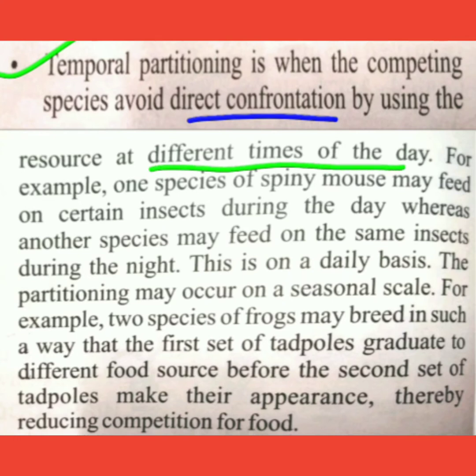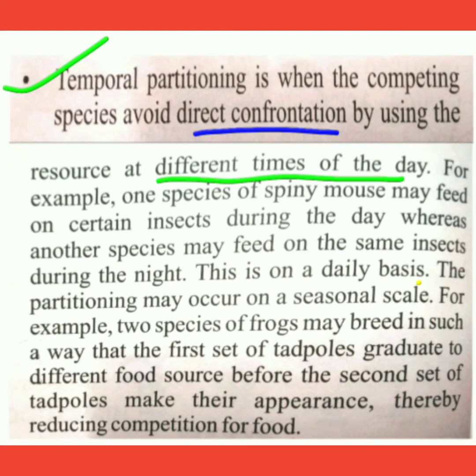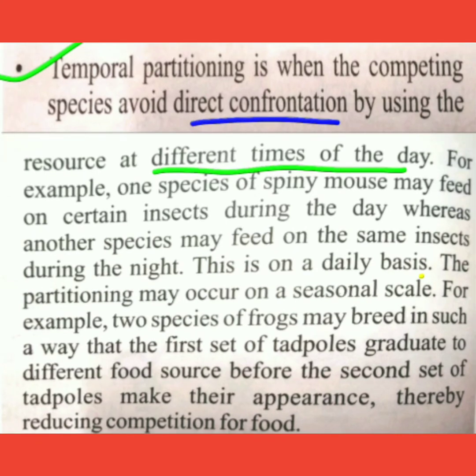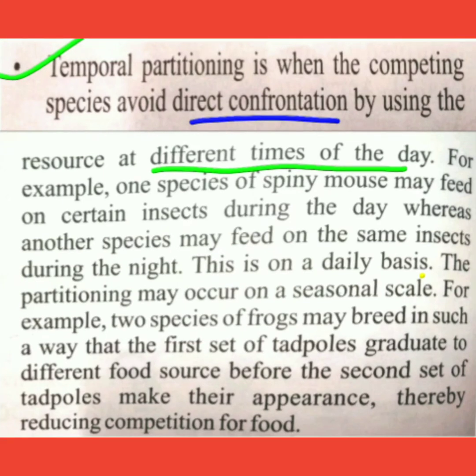Means if there are two competing species, then they do not confront each other and they use the resource at different times of the day. One may use it in the daytime and another during the night. In this manner, they avoid competition, and both species can use their resources.